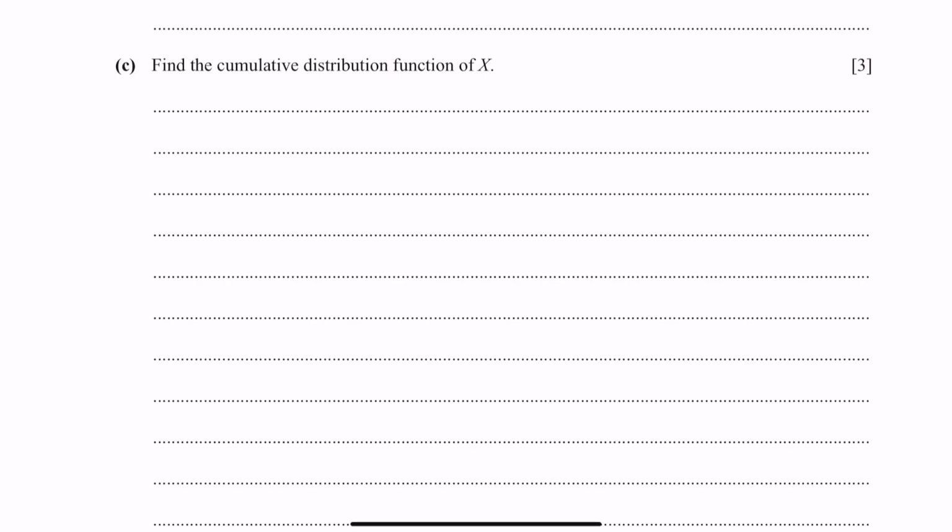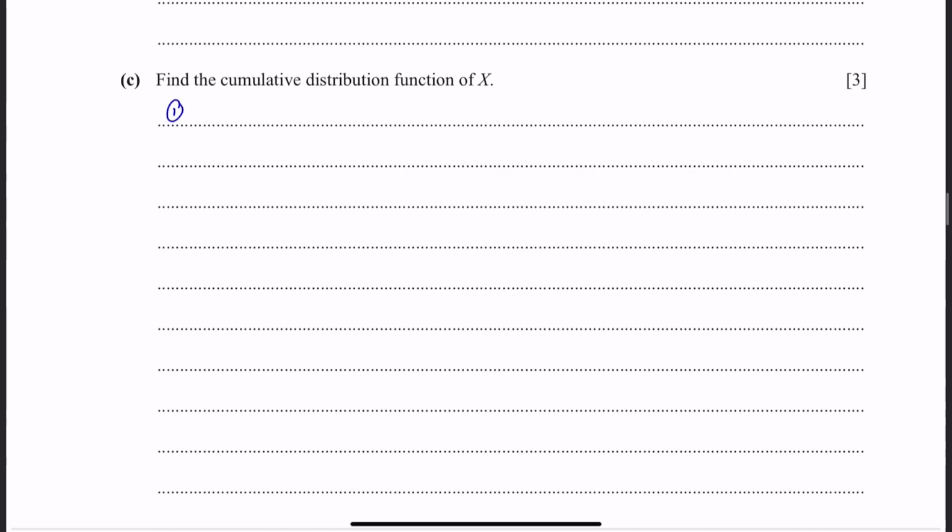Part C. Find the cumulative distribution function of x. So we call this CDF, and we have a few steps. So for the first step, we have x less than 0. So for x less than 0, F(x) would be equal to 0. Second step, x is in between 0 and 1.